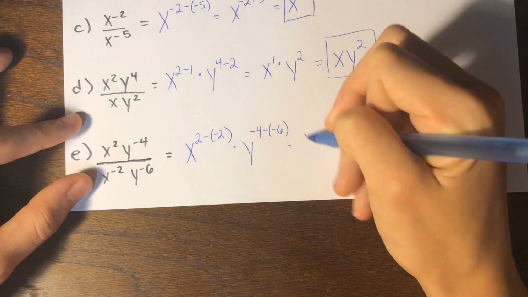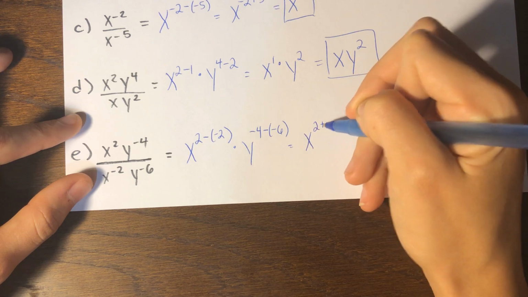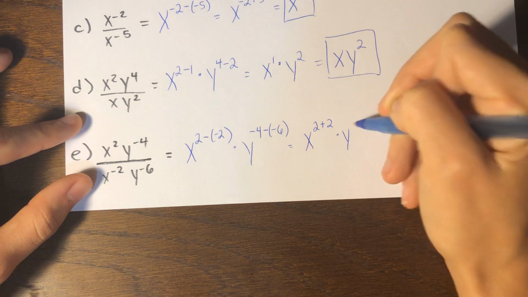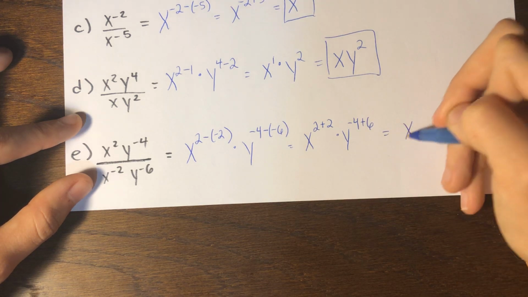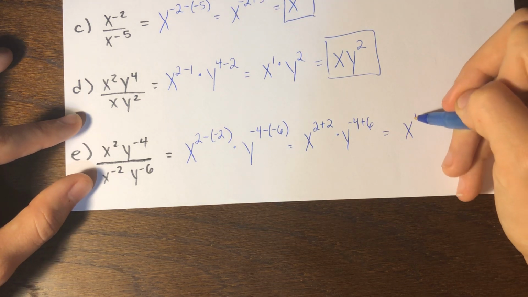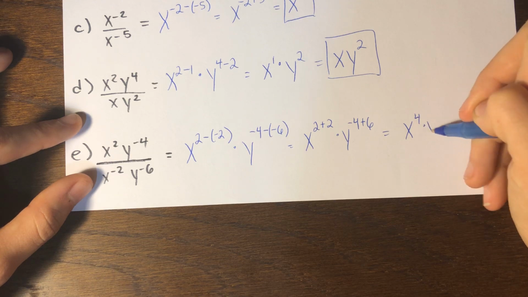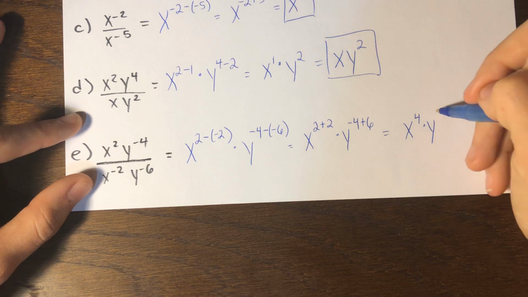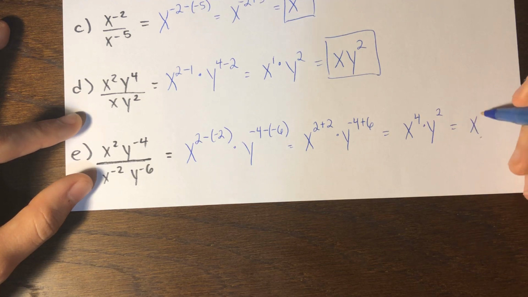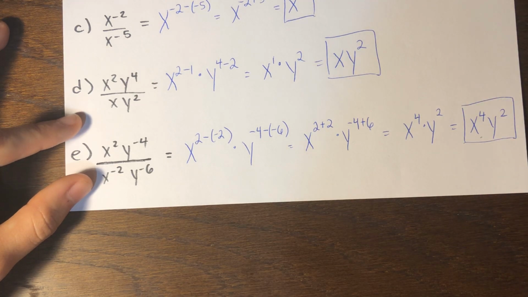Okay, this turns into x, which is 2 plus 2, times y, which is negative 4 plus 6. So we have x, 2 plus 2 is 4, times y, negative 4 plus 6 is 2. So I have x to the fourth and y squared. Okay, just like that.